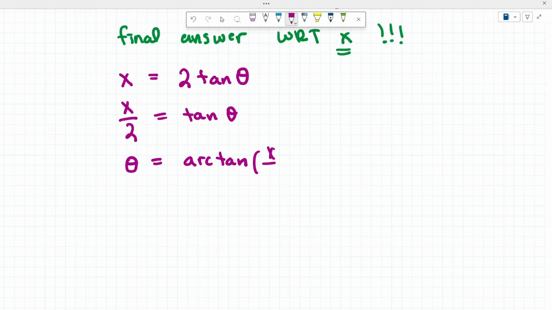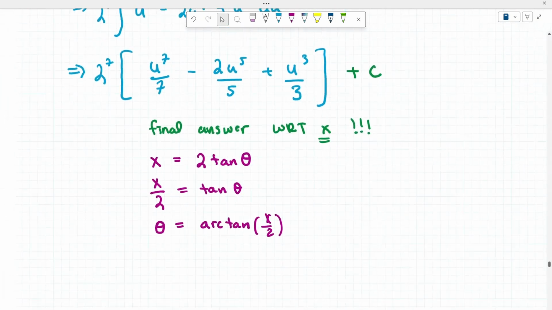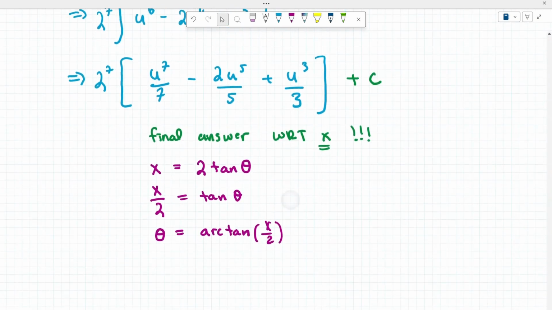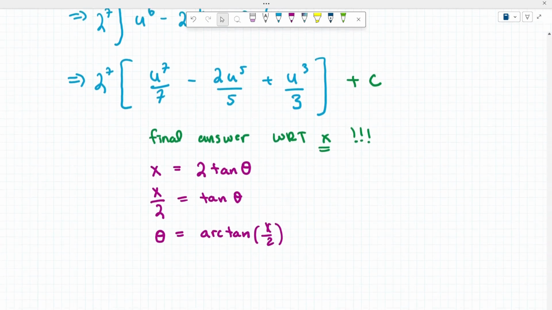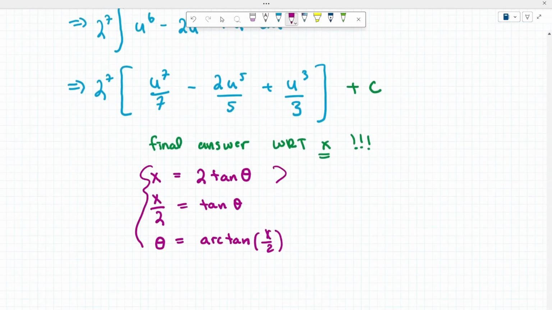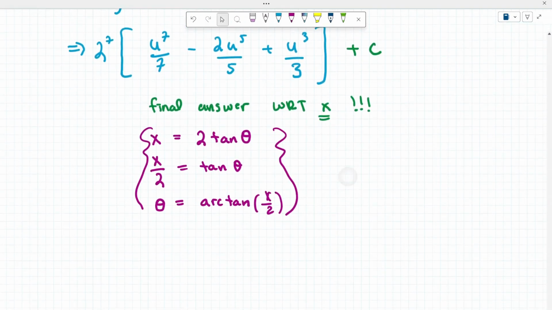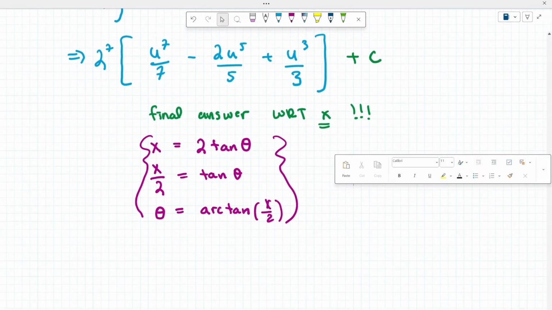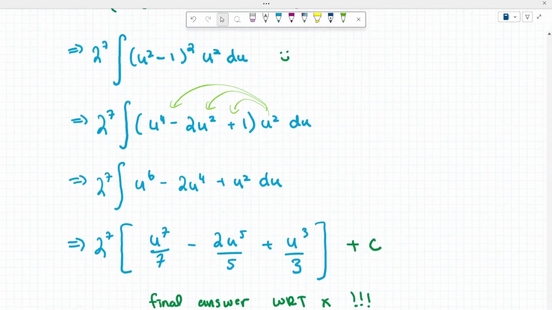Okay, so now that we have this value, we have to apply it into our function. Now we have theta with respect to x, but we also have another substitution that we have to undo. We recalled our u-substitution over here.